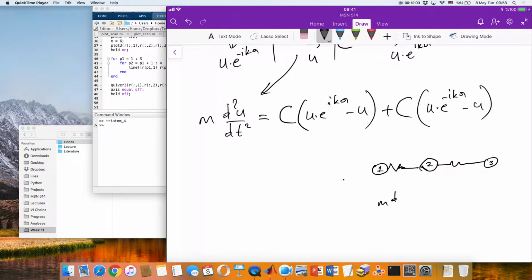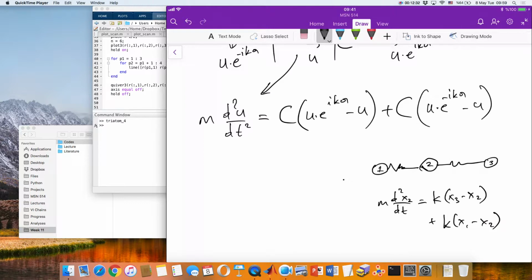So I've just written this one. No, just watch it. Equals k x3 minus x2, right? Plus k x1 minus x2. It's tricky, I know. You expect that it's x2 minus x1, but x2 always has to be negative because it's Hooke's law. Whenever you stretch it, it has to come back.